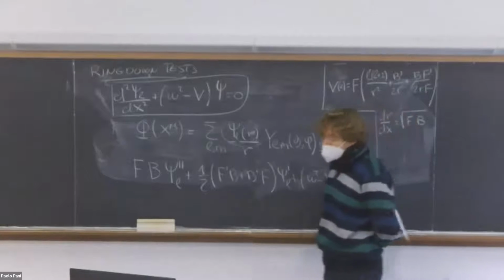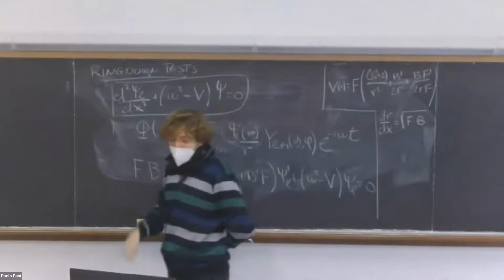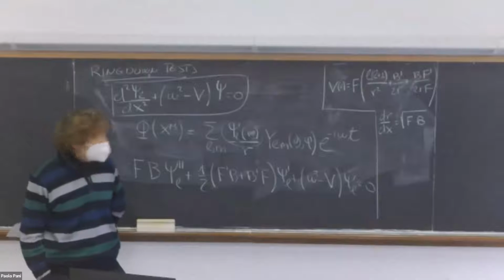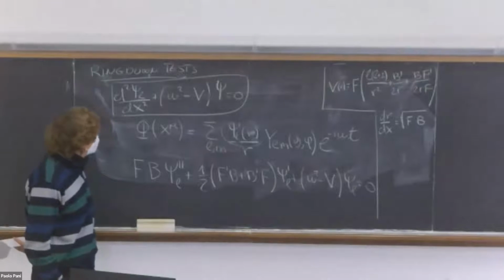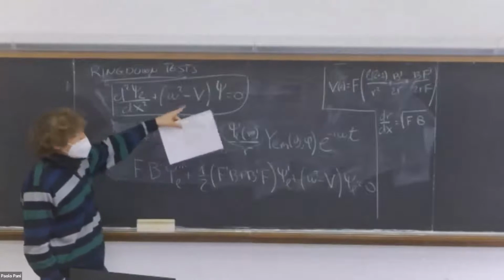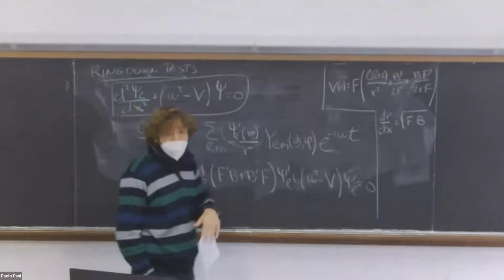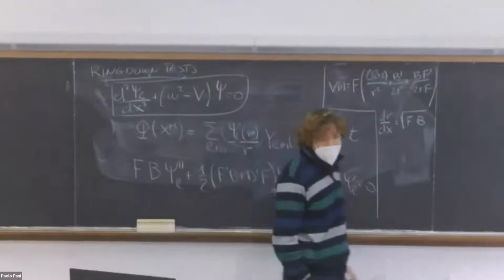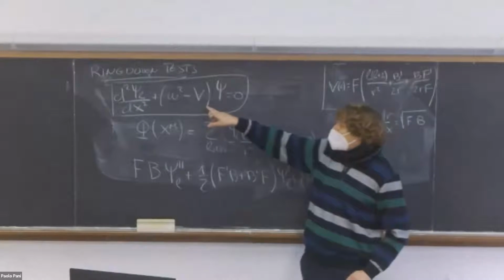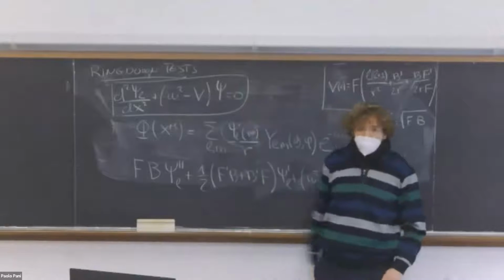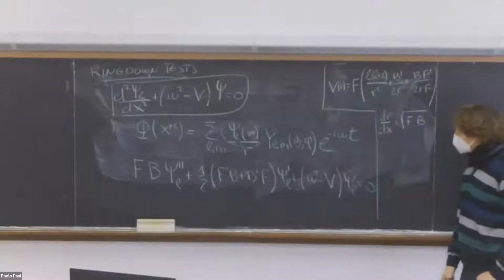It is possible to decompose them in axial and polar modes. Probably you have seen this during the Poisson lectures. And there is what is called a master equation that describes the axial and polar sector, and it has precisely this form for some given potential that depends on the geometry.